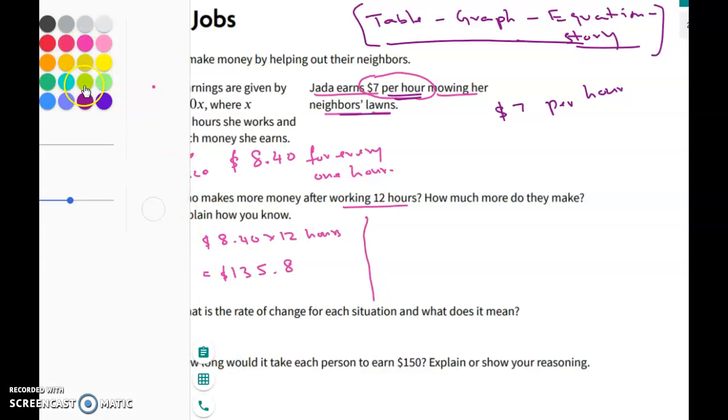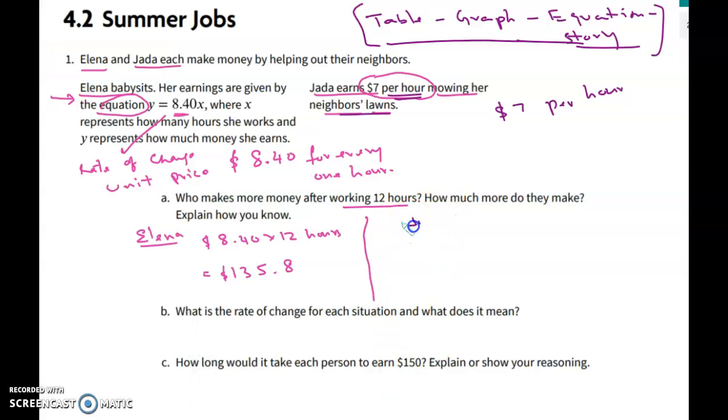Now let's check Jenna, how much she makes. Jenna is making $7 per hour. So that means $7 times, now we're working for 12 hours. So 7 times 12, you can use the calculator, which is $84 in 12 hours.